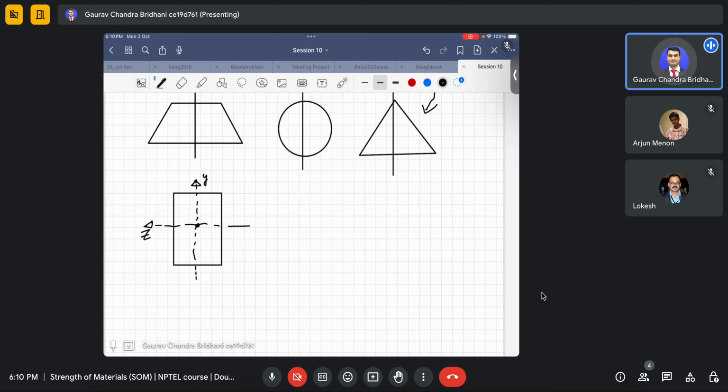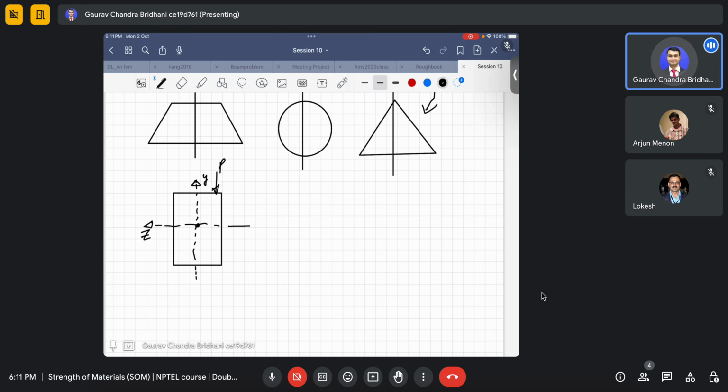Suppose I put a load here; till now we were putting our load at this point, P. Now I have put it somewhere else, not along the axis of symmetry. This will also cause unsymmetrical bending, even though the section is symmetrical. Even though the section is symmetrical, the loading is not symmetrical. The loading is not in the plane of symmetry.